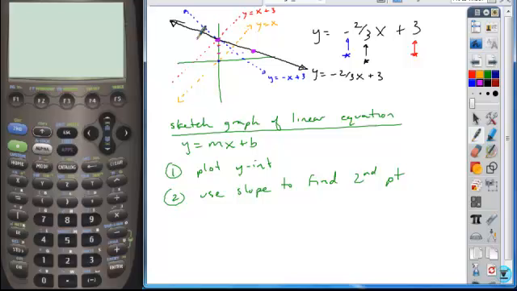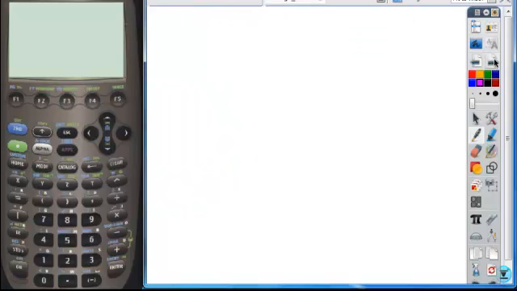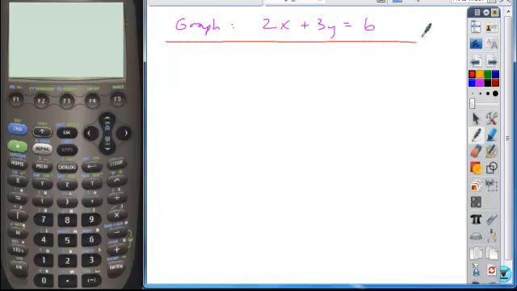All right, let's take a look at another way that you might be asked to manipulate and sketch graphs of different equations. What if I gave you an equation in the following form? This is what's called standard form.